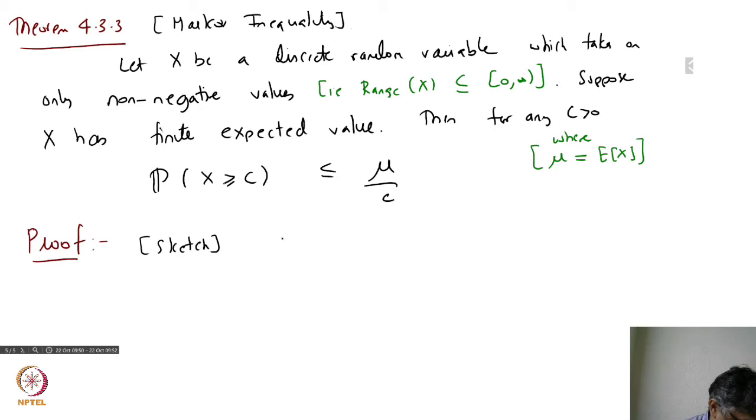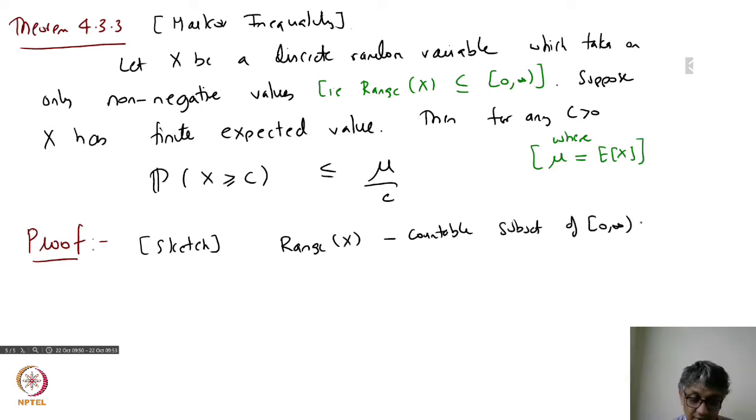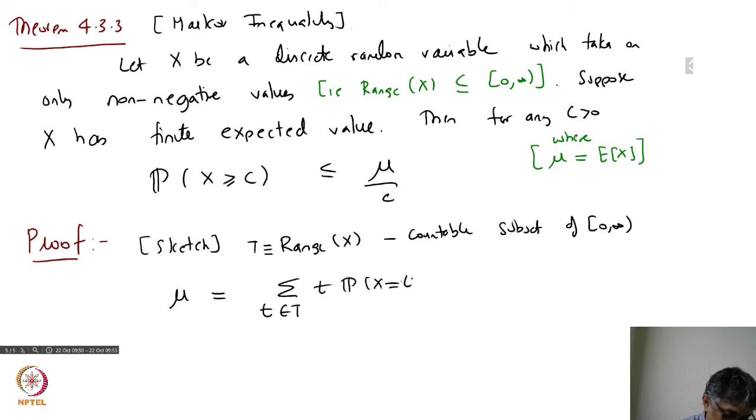So the range of x is countable, a countable subset of the positive real line. Because the range is countable, I can write mu as the sum over t in the range of x, t times the chance that x equals t.